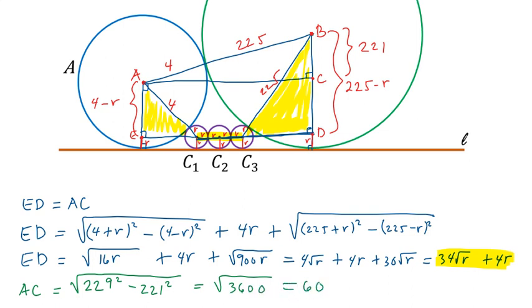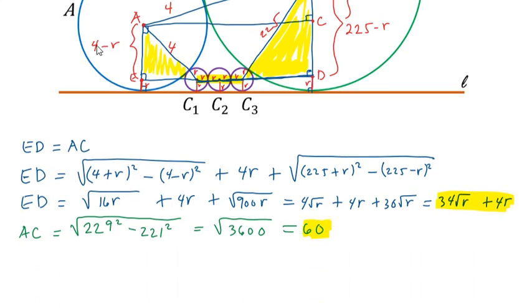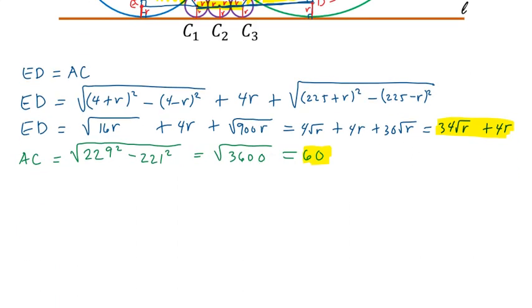Now we will equate 60 to the expression 34 square root of r plus 4r, because as what I have said before, ED is equal to AC. So we have 34 square root of r plus 4r equals 60. Observe that we can further simplify this equation before we do something else. We can divide both sides by 2.